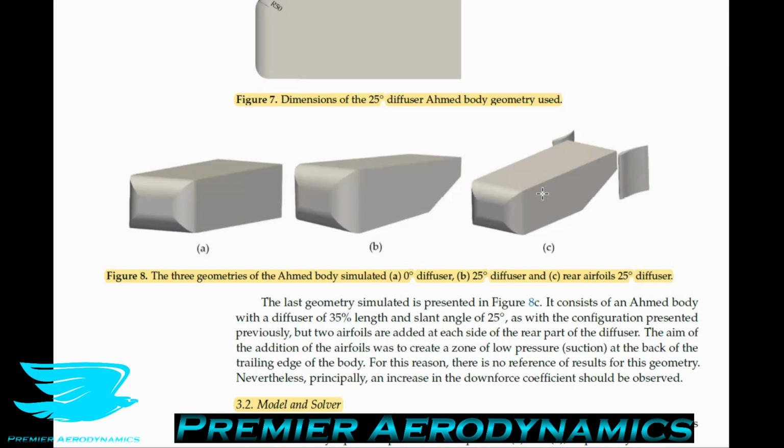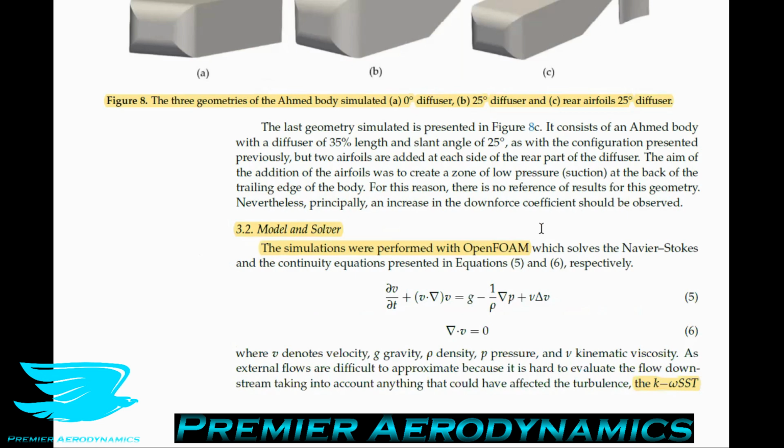So it's quite a novel idea to use these geometries, i.e. cambered airfoils, to create the low pressure zones to help control the flow staying attached. So let's continue. This is now the CFD setup. So let's talk about the model and the solver that they used. The simulations were performed with OpenFoam. OpenFoam is just an open source CFD solver. It's the best.